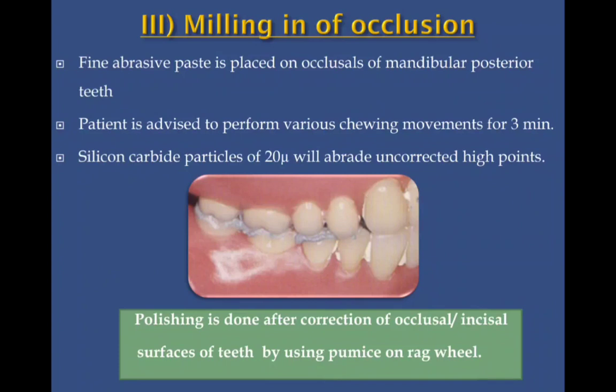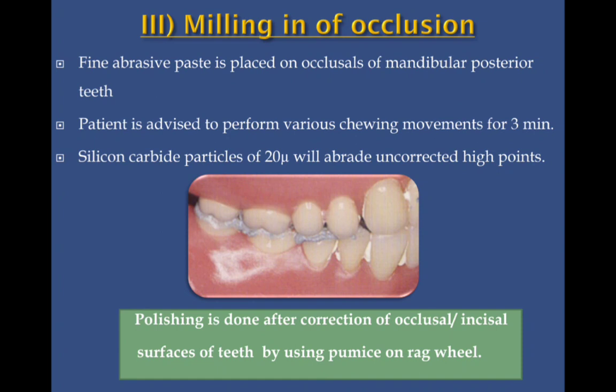After this, proper harmony is achieved, and the patient is more comfortable, and we have possibly eliminated maximum errors possible in your centric and eccentric relation. After eliminating these errors, only then is the final finishing and polishing of incisal and occlusal surfaces done by pumice and rag wheel. And after that only you are going to insert the patient and send the patient with these dentures.